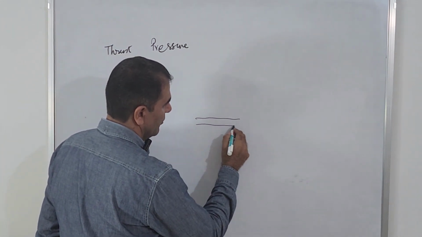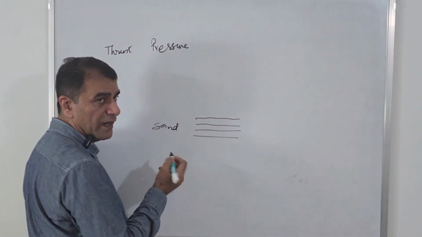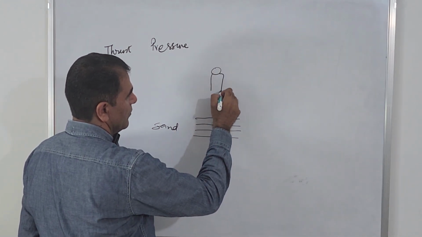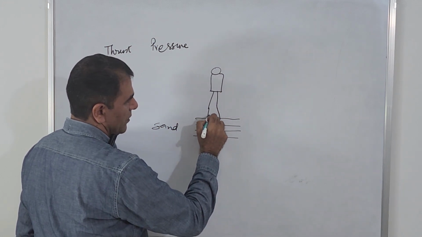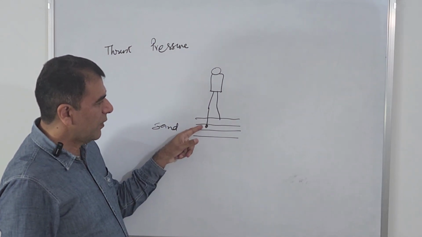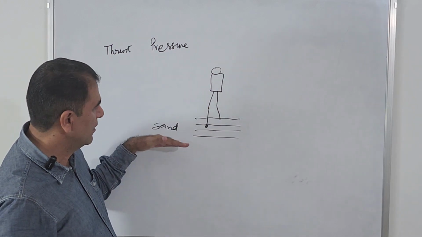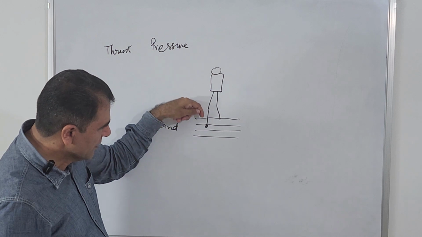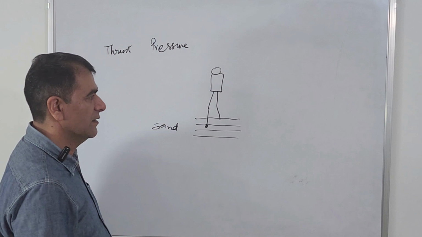Say this is a heap of sand. This is loose sand. And this one is you. This is your foot. When you apply a perpendicular force on the surface of the sand, your foot is pressed inside the sand, right? It's very easy, very simple to understand.